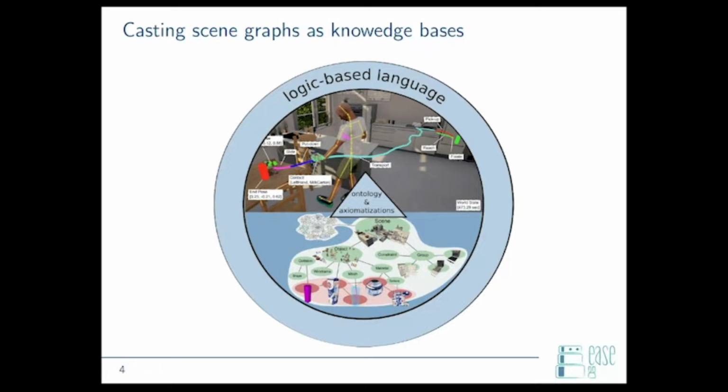So the idea is that we want to model the environment of the robot as a scene graph, but give the data structures in the scene graph semantics using axiomatizations and ontologies we specify using symbolic and logic-based knowledge representation.